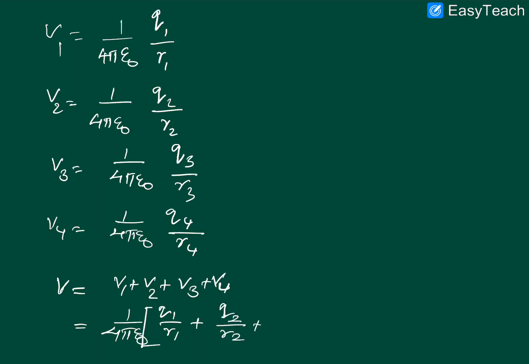Here you can see that potential is a scalar quantity. It is not a vector, so it will not have any unit vector. This is the expression for potential at P.